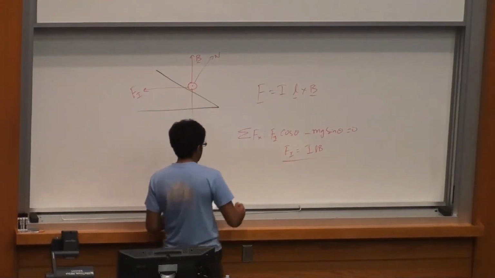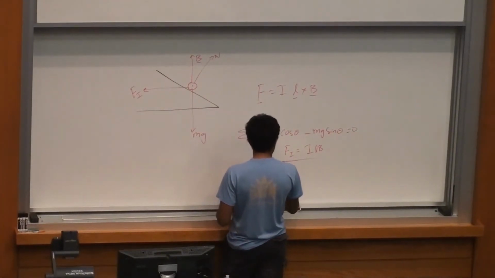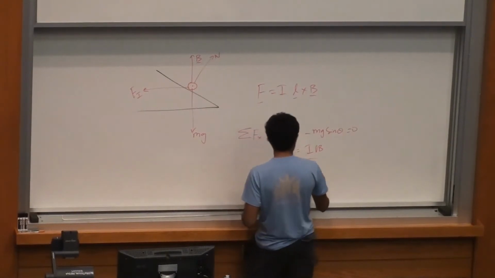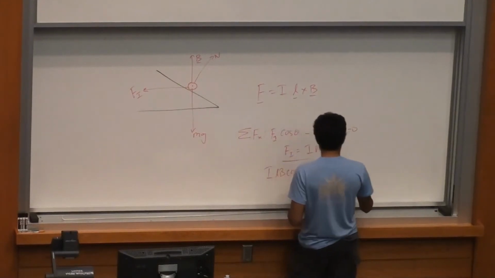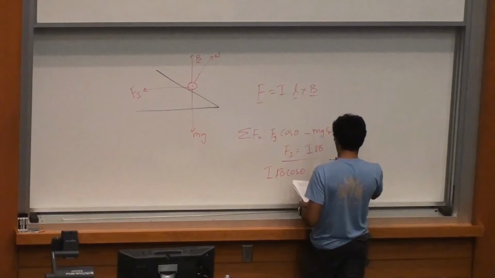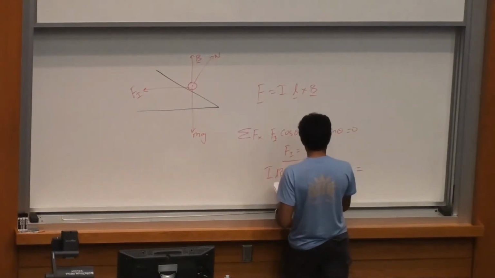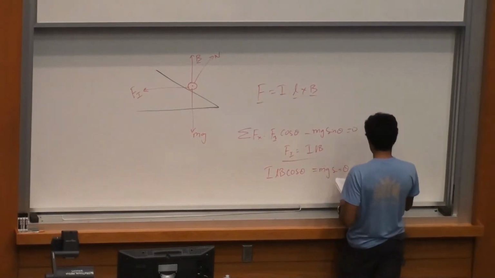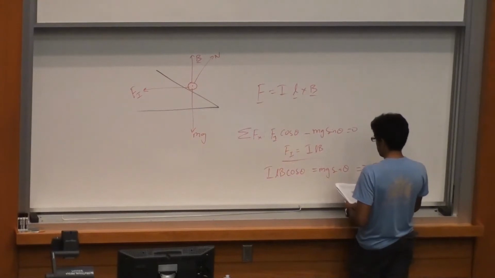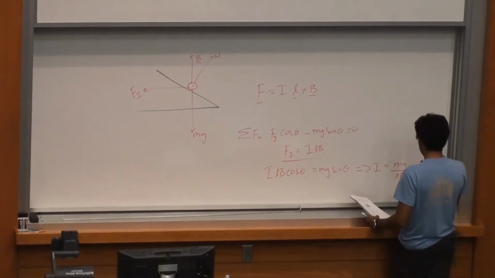And I plug that in, so I get I L B cosine theta minus mg sine theta equals, well, not, sorry, equals 0, but I'll bring this over, so this goes to I equals mg over L B, cosine over sine, that's tangent theta.